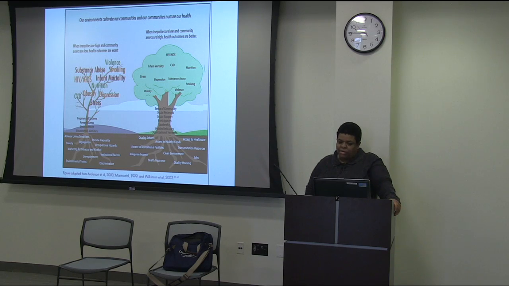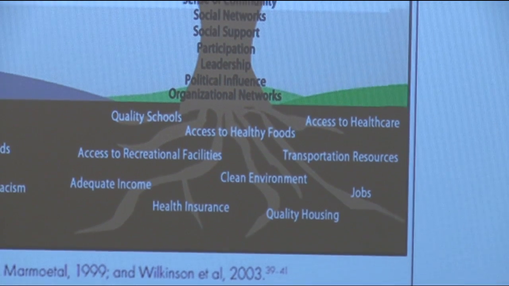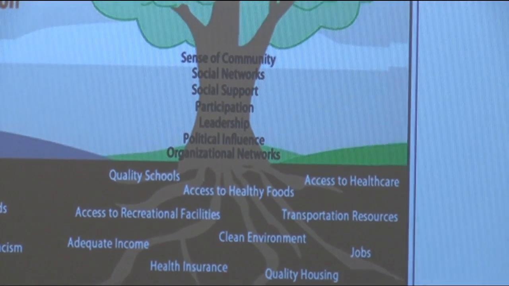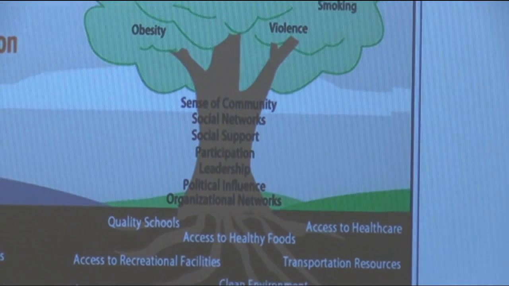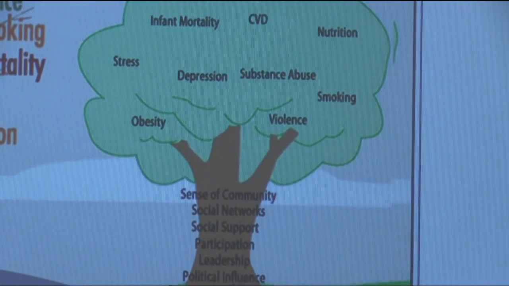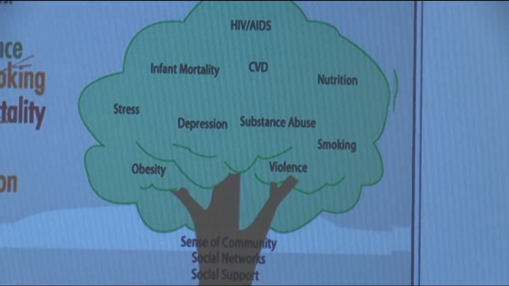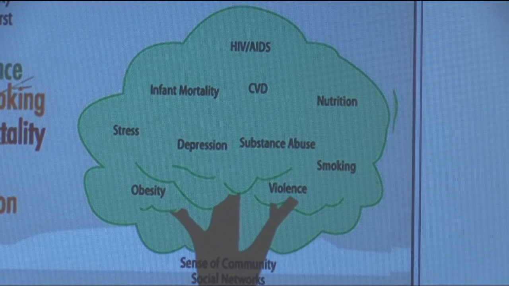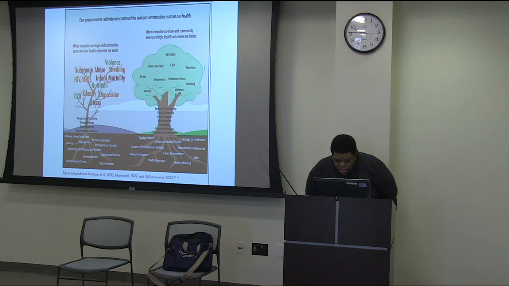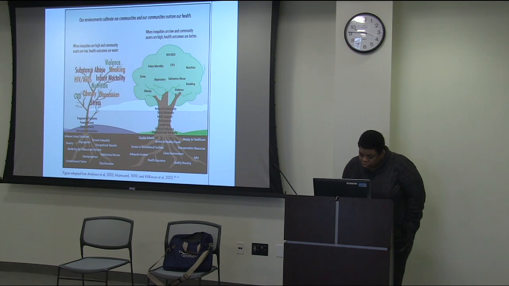Then on the other side, we have an example where a community where inequities are low, community assets are high, and health tends to be better. So it's depicted by a flourishing tree versus a tree that's really struggling. So thinking about looking at what's in the soil.